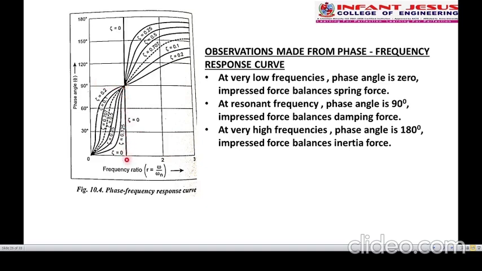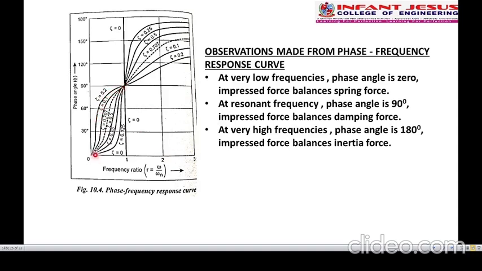Third observation: at high frequency, when the frequency is very high, the phase angle is 180 degree. That means the impressed force balances the inertia force, that is the opposing force. So here we have 3 conditions: at low frequency, then at resonant frequency, where you can see the amplitude is high.